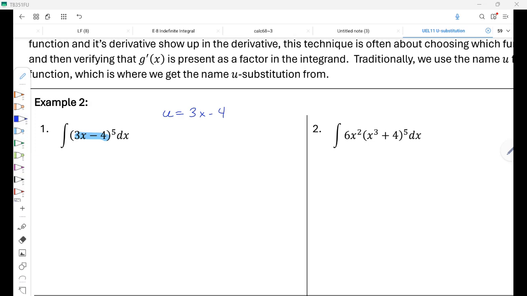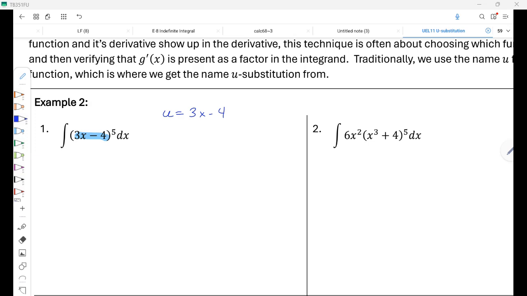Sometimes it's a guess and check. Sometimes you have to mess around with a couple things before you find the right thing to make U. And if you don't do the right thing, you won't be able to get an integral that works. Because in the end, our goal is to turn this integral into a must-know. We're going to end up in a must-know situation when all is said and done.